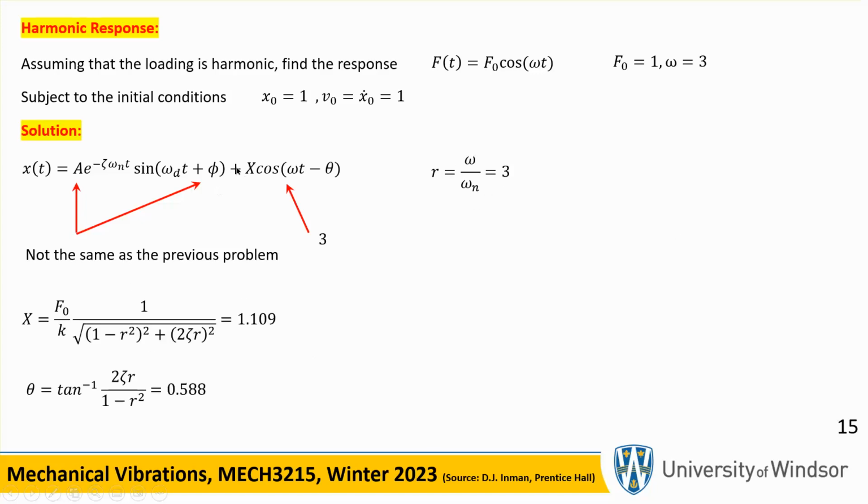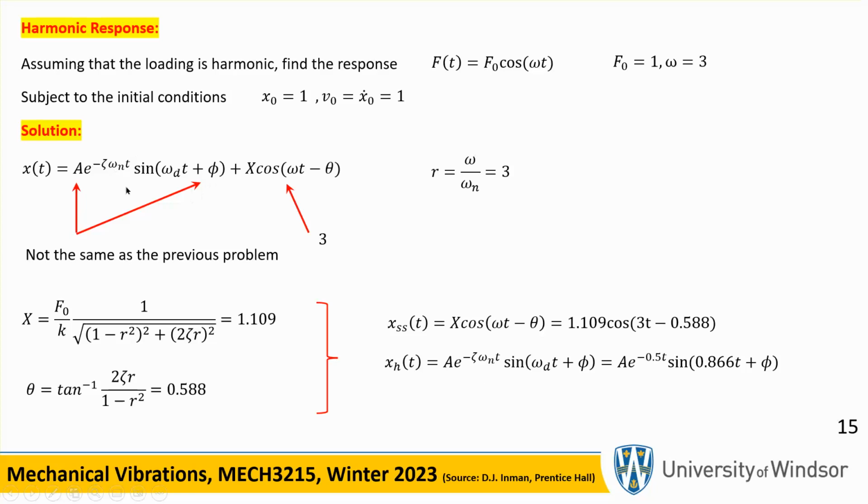You get the solution, this big X, from that formula. We already did the zeta in the previous problem. We got a zeta, right? And we have the value of R, and F naught, and K, and you get 1.09. And you can get the phase difference too, right there. So you can write this expression, the solution to this, no problem. We got it right there. All I did was to substitute the stuff.